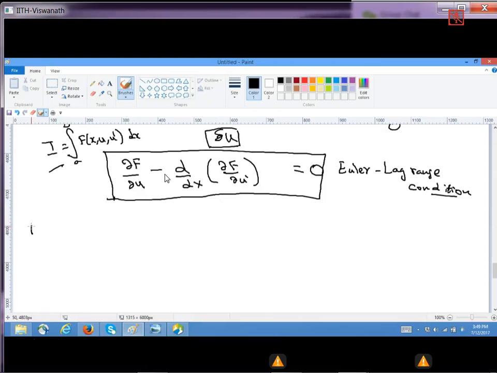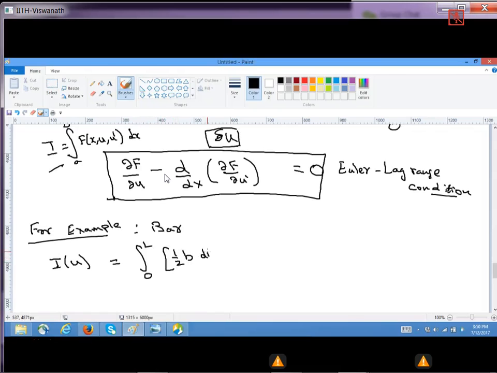For example, consider a case of a bar. You can write I as a function of u as the total potential energy, the integral from 0 to L of 1/2 B (du/dx) whole square minus q u.